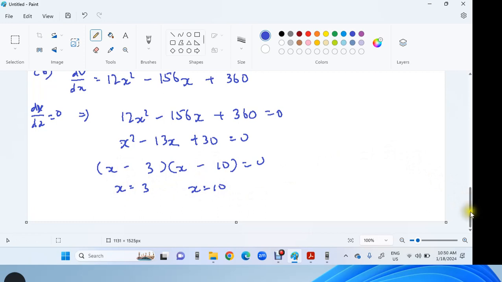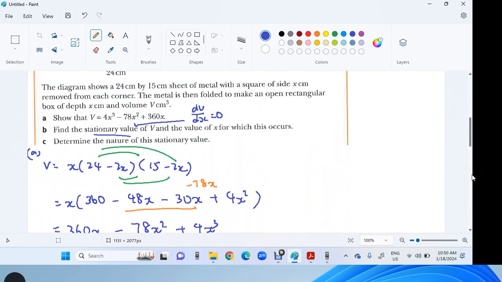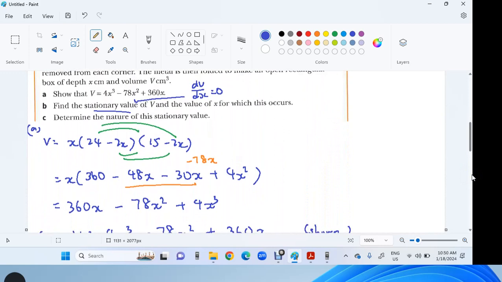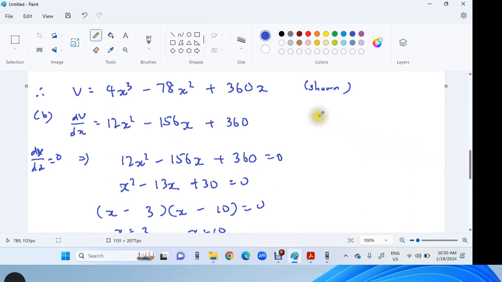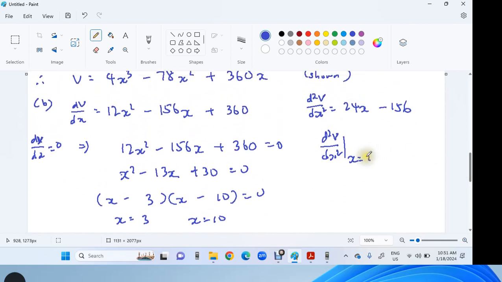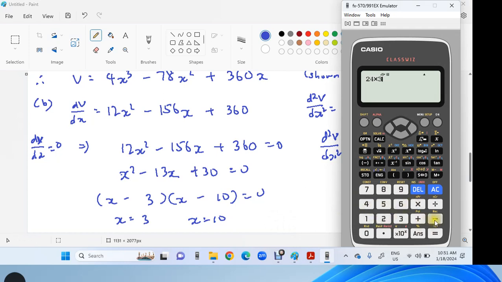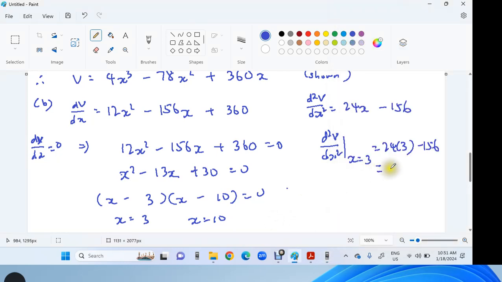They want to find the value of v. Actually, we can use the second derivative: d2v/dx squared is 24x minus 156. When x equals 3, it becomes 24 times 3 minus 156, which is negative 84.